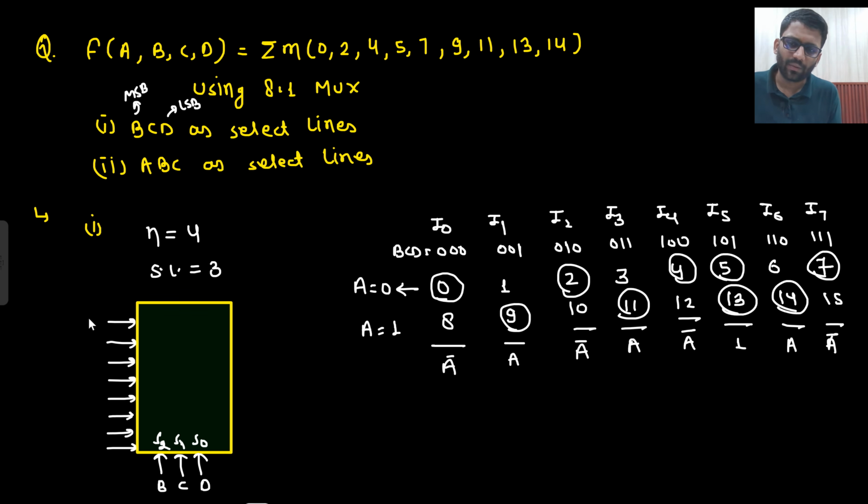So starting from I0, A bar, here you can see it is A bar, here you can see it is A. So A bar, A, A bar, A bar, 1, A bar. That is it.